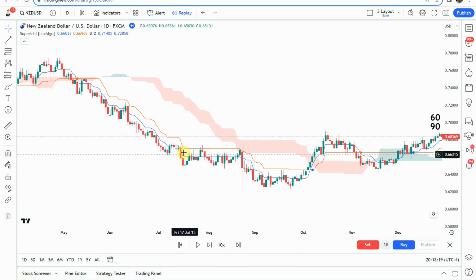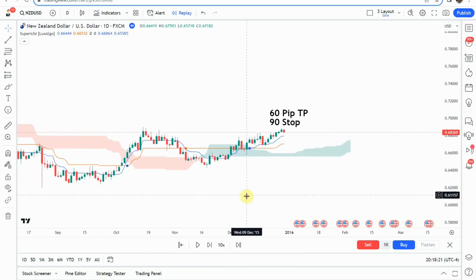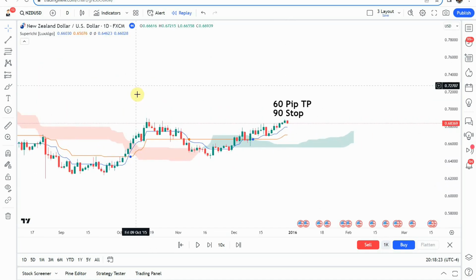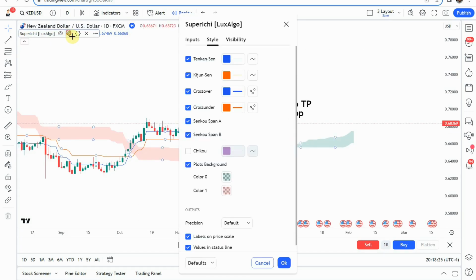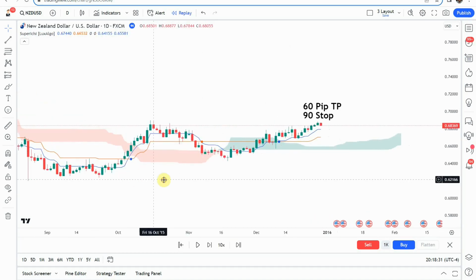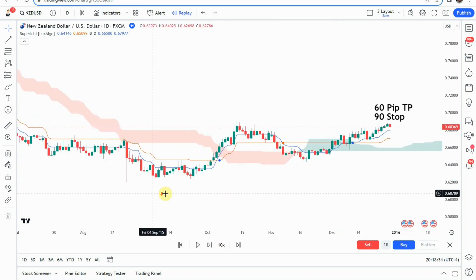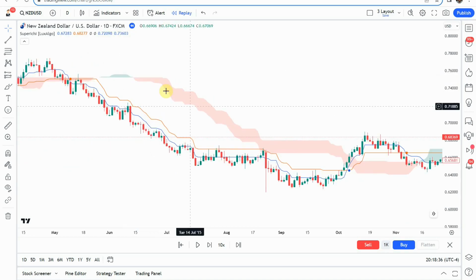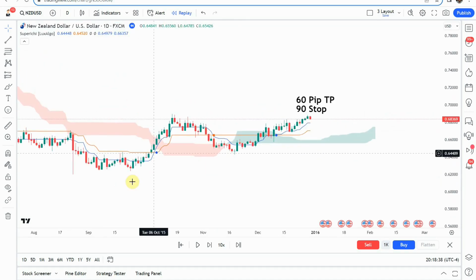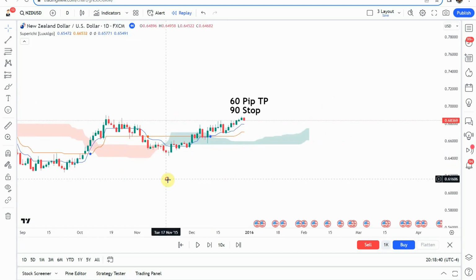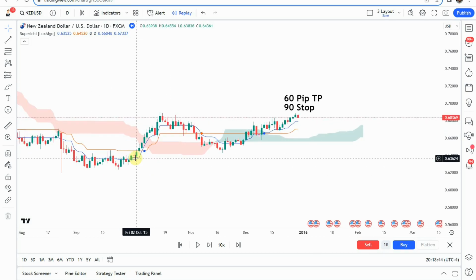There are the two lines here, and other than that, pretty much everything else has been stripped out of it. Now, there are some pieces that you can still add in if you want to, but what we are looking for is really going to be the color of the cloud, and then we are looking for these dots right here. And so these are basically crossovers. When you get a cross of the blue line above the orange, you get a blue dot.